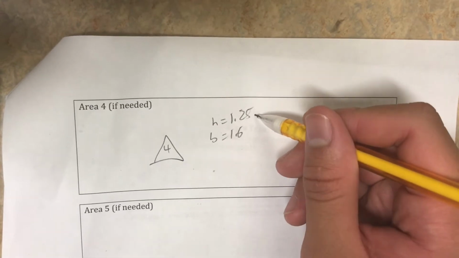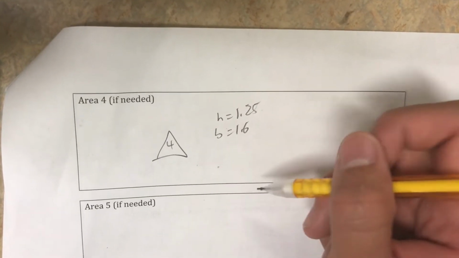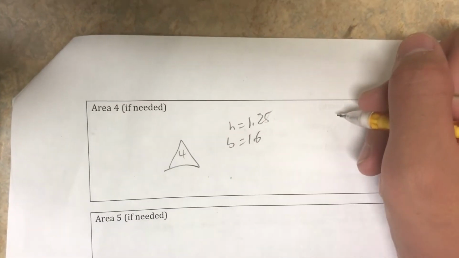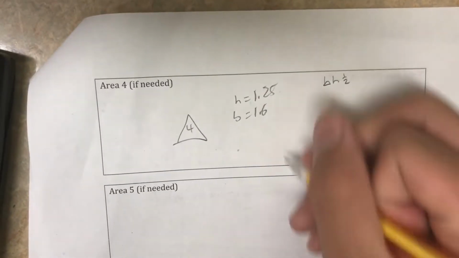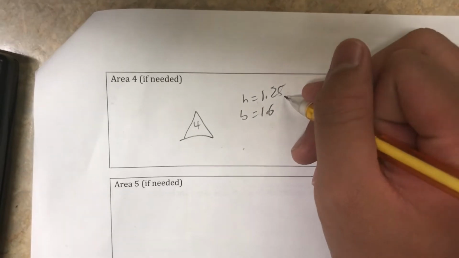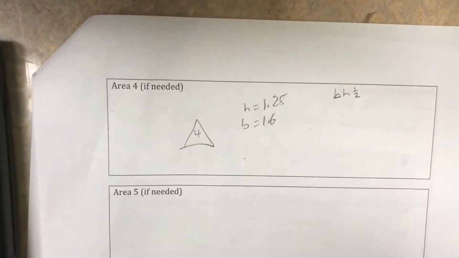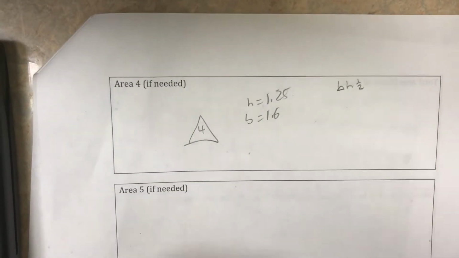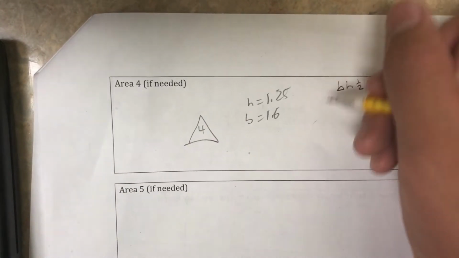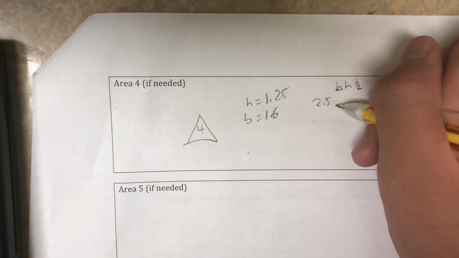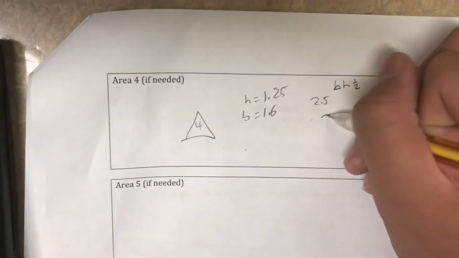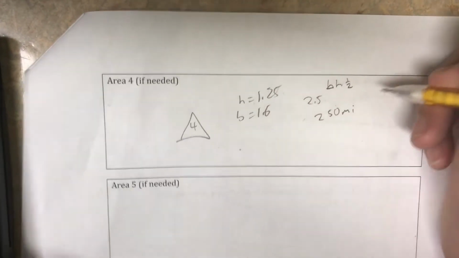Area of triangle 4. This is triangle 4. So our height is 1.25 inches and our base is 1.6 inches. The equation for the area of a triangle is base times height times 1/2. So first we have to convert these into miles. To convert it into miles, we divide by 0.5, and so for our height, we have 2.5, and we multiply it by 100. So it's 250 miles for our height.